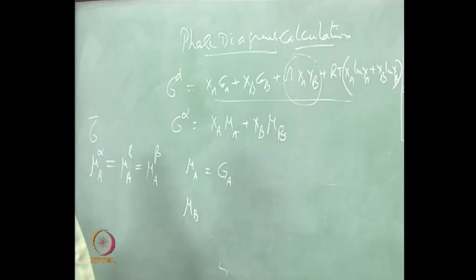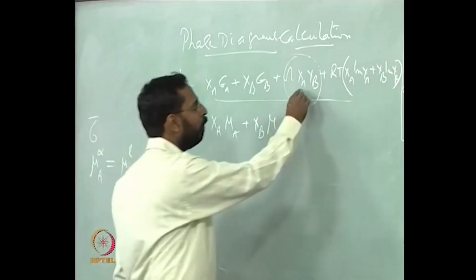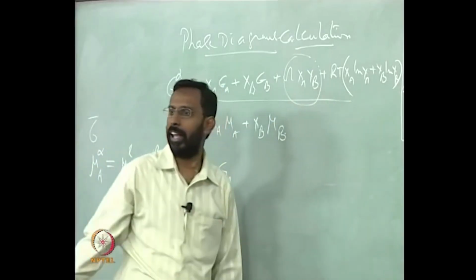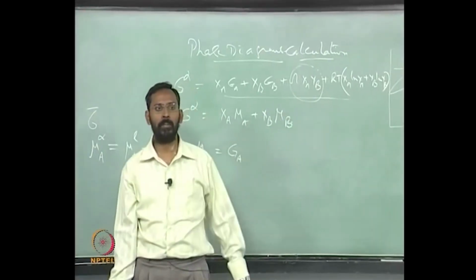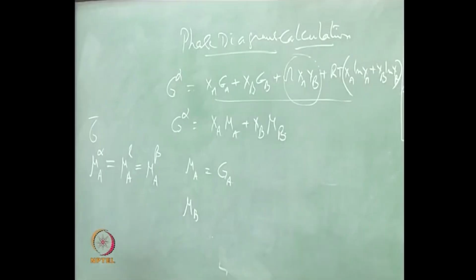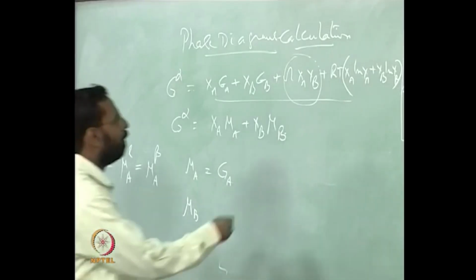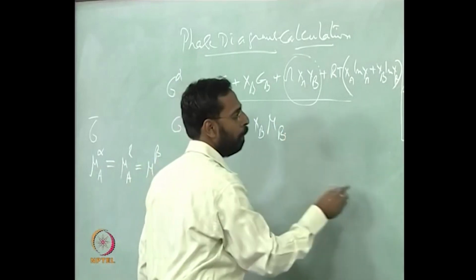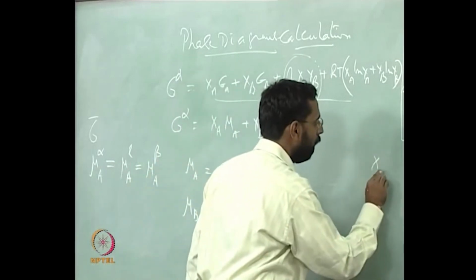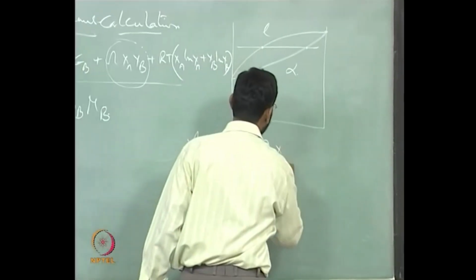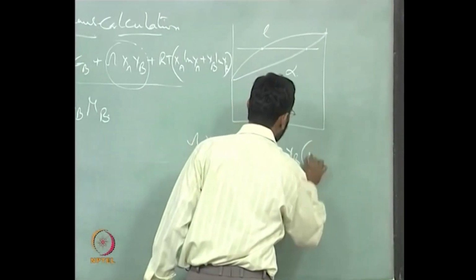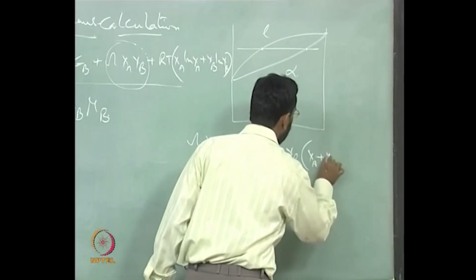There is an easy way to do it. You multiply this with XA plus XB. If you multiply this with XA plus XB, XA plus XB equals 1, am I right? So multiplying with XA plus XB, omega XA XB can be written as omega XA XB into XA plus XB.